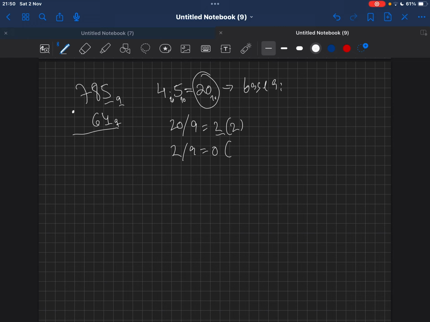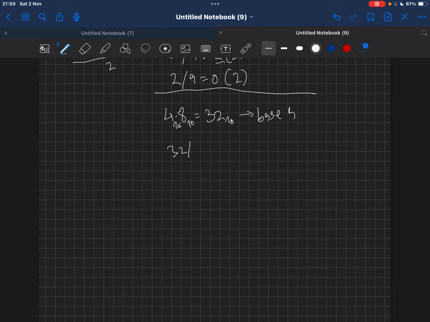So I take this 2 divided by 9, getting 0, remainder of 2, so 22. And we continue. This time, in base 10, it gives me 32.